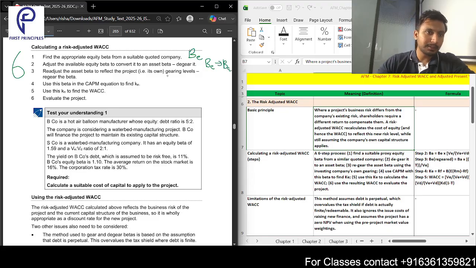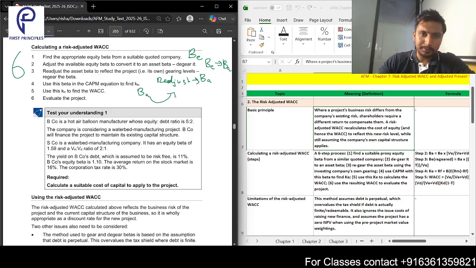After we have done that conversion, in hand we have the asset beta. We readjust the asset beta to reflect the project risk.